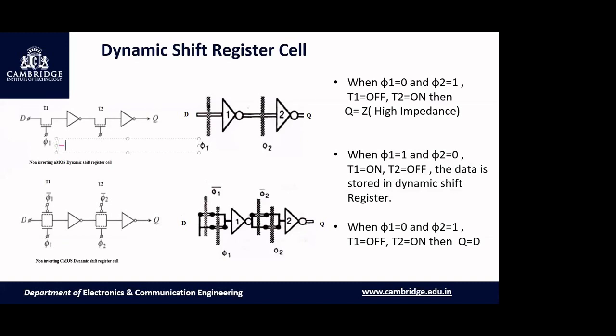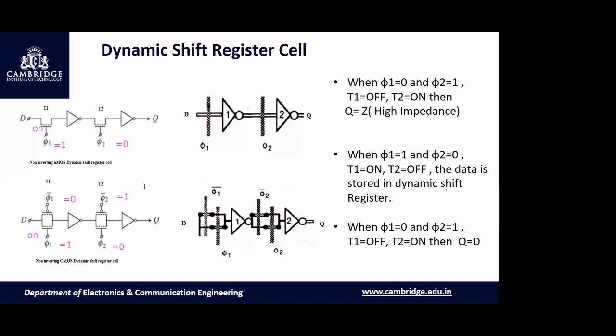We'll apply phi 1 equal to 1. When phi 1 is 1, phi 1 bar will be 0. So your T1 will be on. During that time, phi 2 should be 0. When phi 2 is 0, phi 2 bar will be 1.